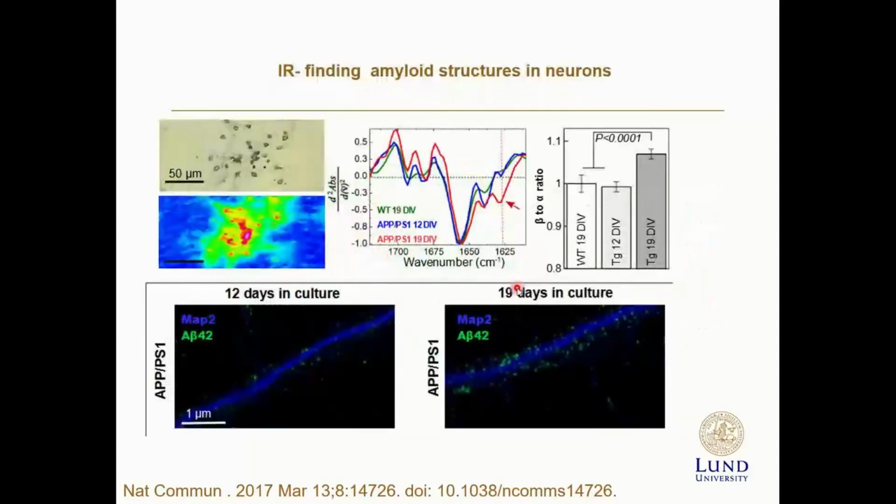Also using infrared spectroscopy, we studied what happens in primary neurons deposited on calcium fluoride. And already with the resolution provided by infrared spectroscopy, we could observe that changes in protein structure already happen at the neuronal level, much before the neuron dies and amyloid plaque is formed.